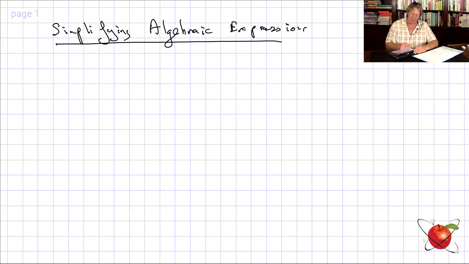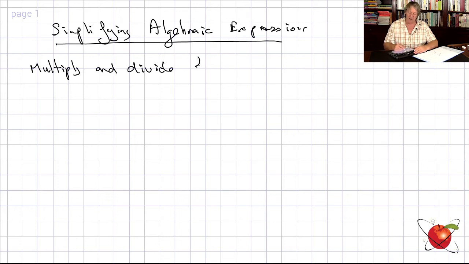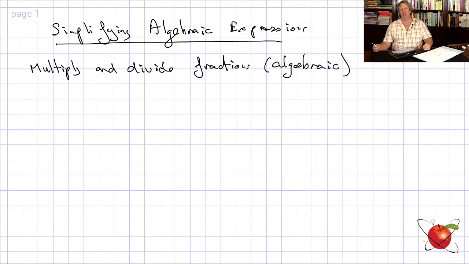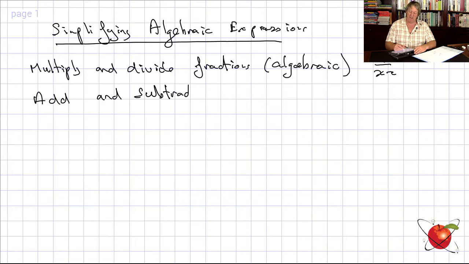First of all, we're going to multiply and divide complex expressions using fractions, and they are algebraic. So they've got algebraic terms like 1 over x minus 2, etc. Then we're also going to add and subtract the same things.